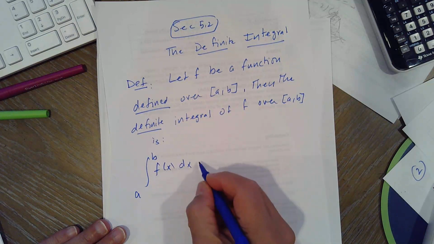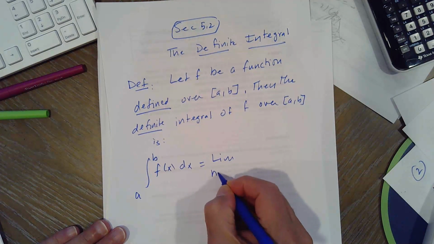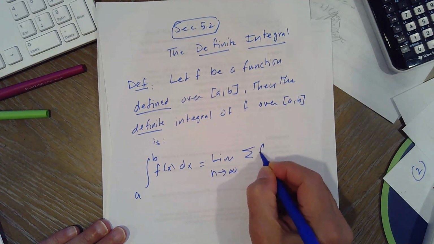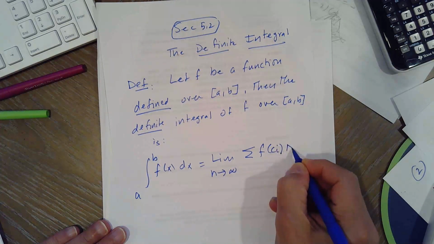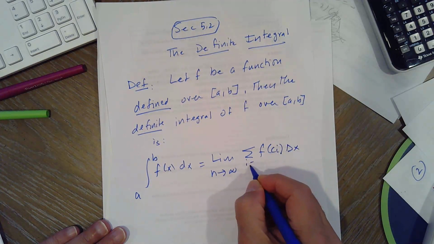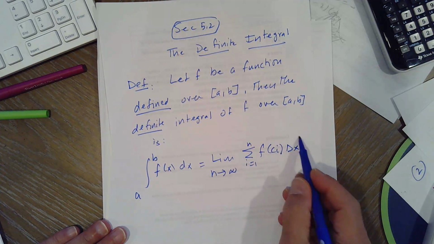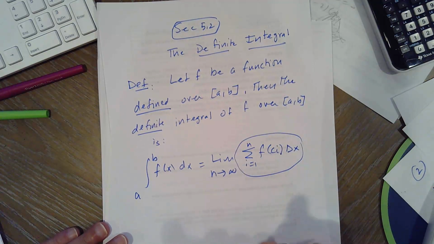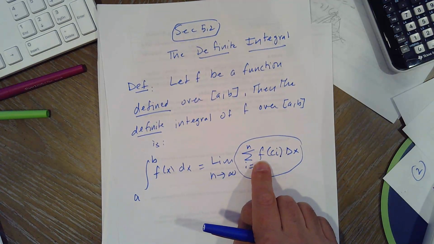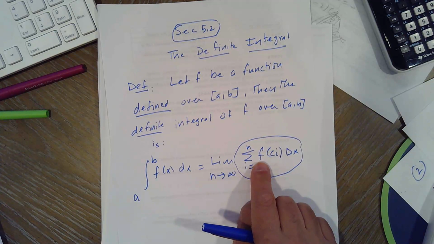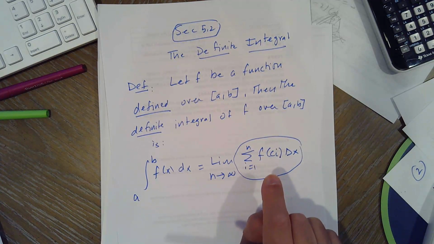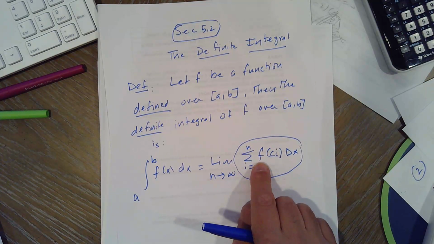dx means with respect to x. It's the limit as n goes to infinity of the sum of f(ci) delta x, i equals 1 to n. Same definition as the area. The only thing is, in the case of the area, the functions had to be non-negative. Here the functions only have to be defined.